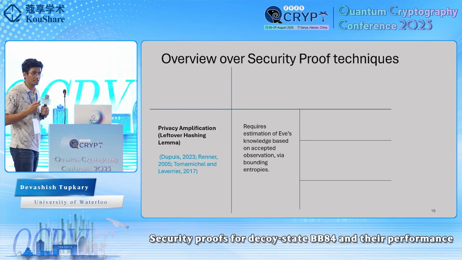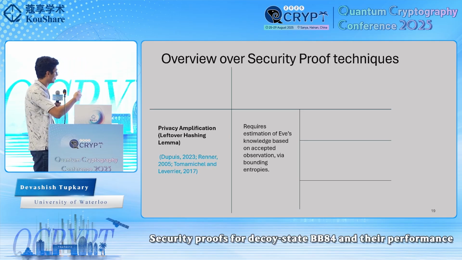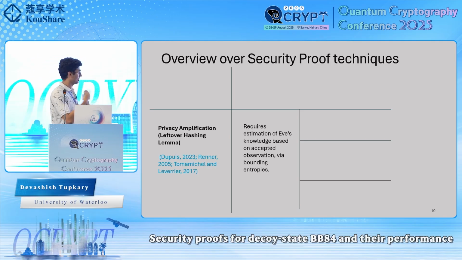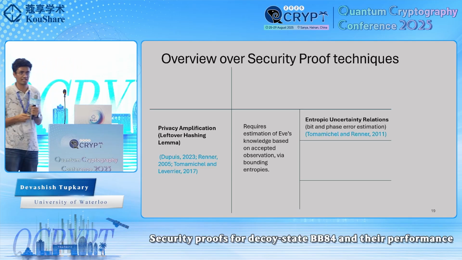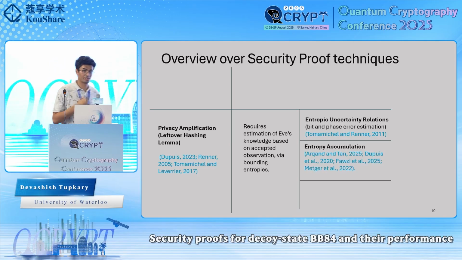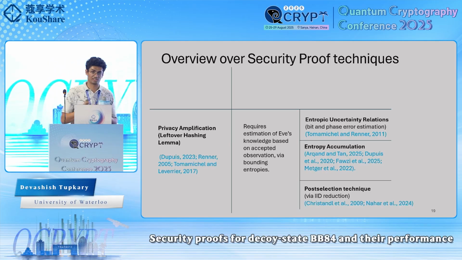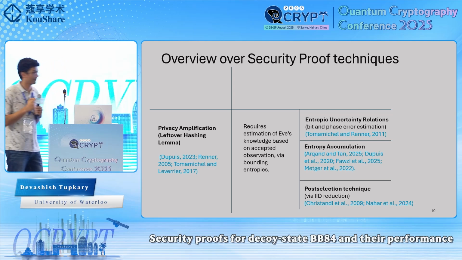We need to estimate Eve's information on Alice's or Bob's raw key using some kind of testing information. And there are three main proof techniques we can use. One is entropic uncertainty relations, one is entropy accumulation, and post-selection technique. And these three are the ones that I'm going to talk about today.